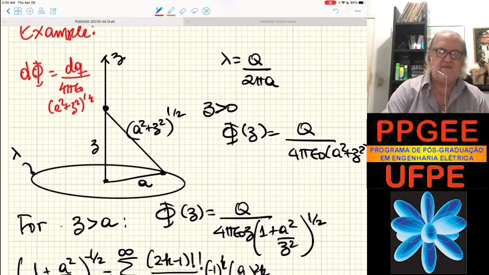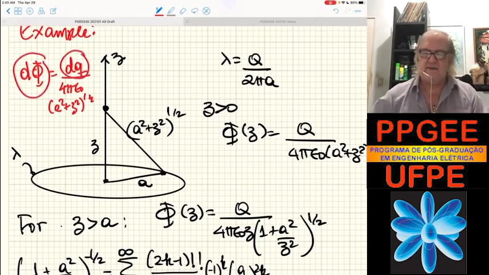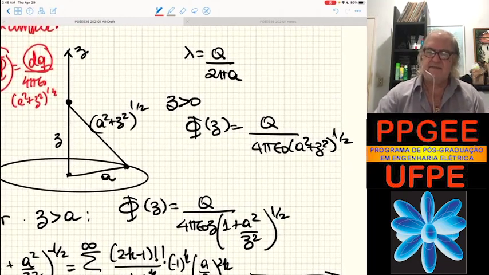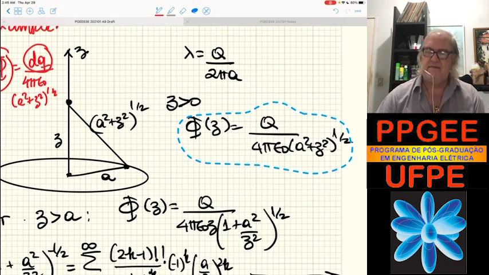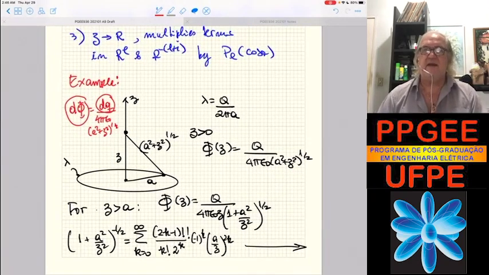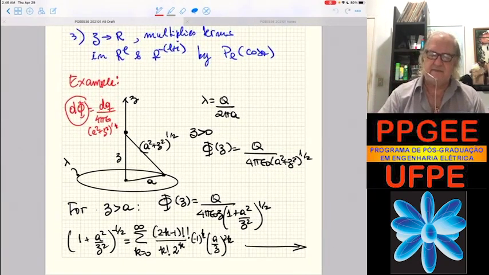So if we integrate, we get the total charge, and that's the result. Simple to calculate, right? On the z-axis.